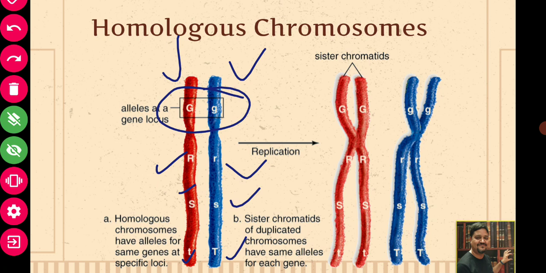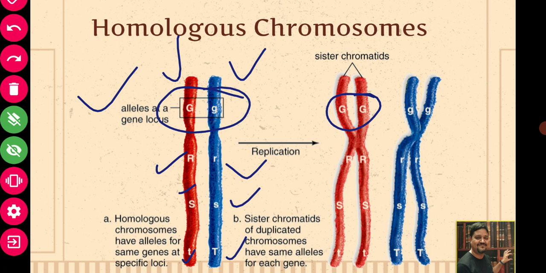At the time of replication, the chromosome will be split into sister chromatids, and the sister chromatids will just have a replication of the particular allele. So the sister chromatids of a duplicated chromosome have the same allele for each gene. I have kept this here just to understand how genes or alleles are arranged on the chromosome.